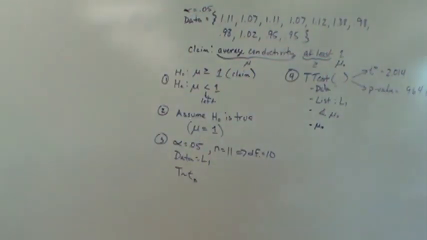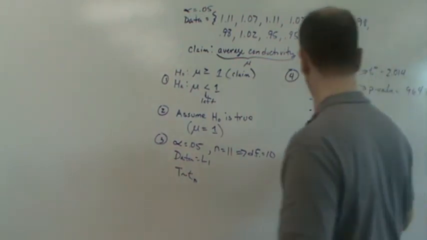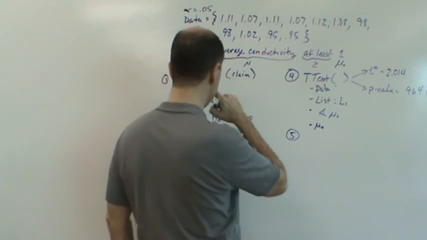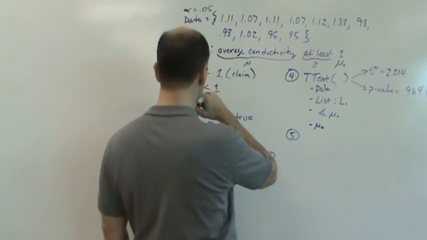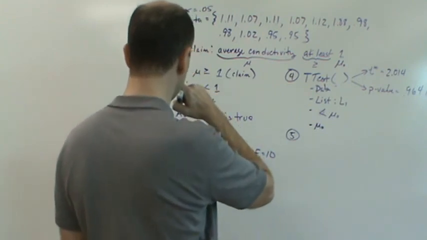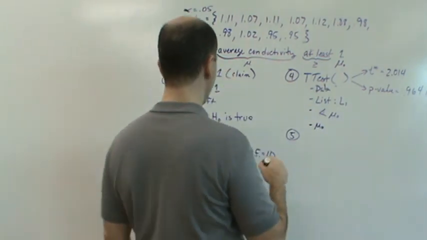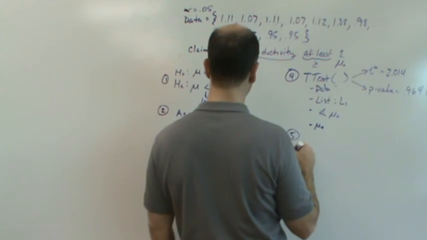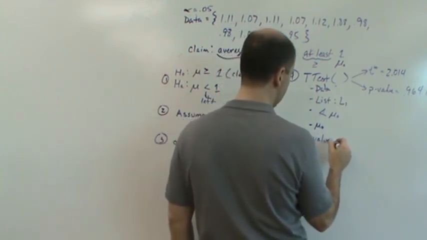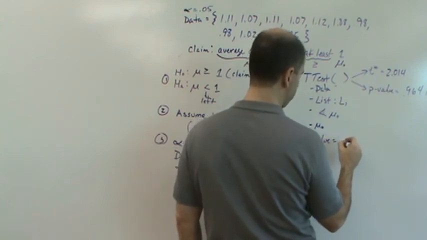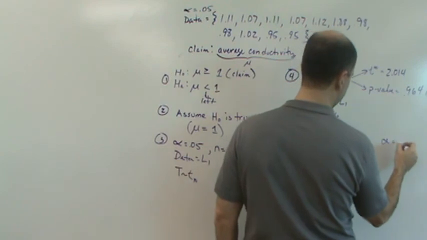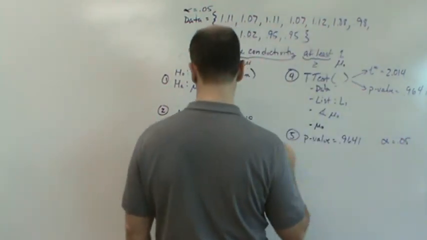So if we use the p-value, right, so in this case, the p-value is equal to 0.9641, and my alpha is equal to 0.05, right?